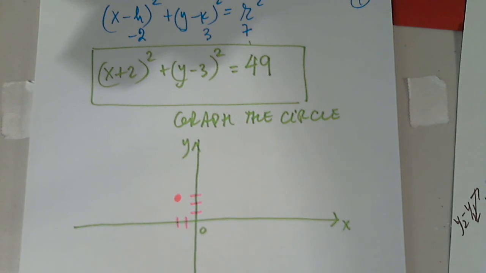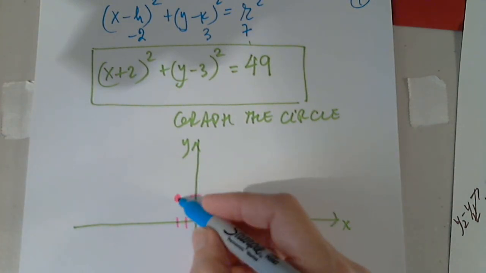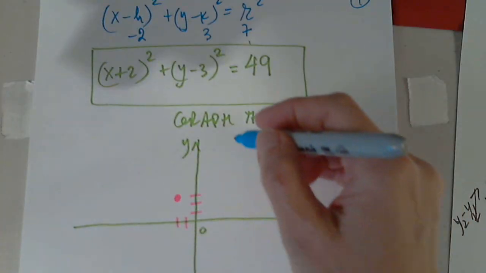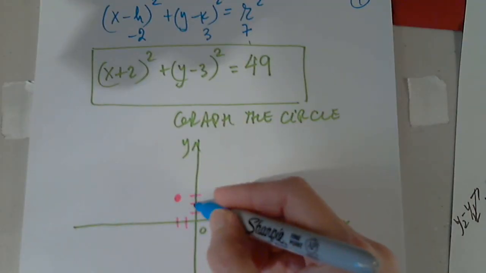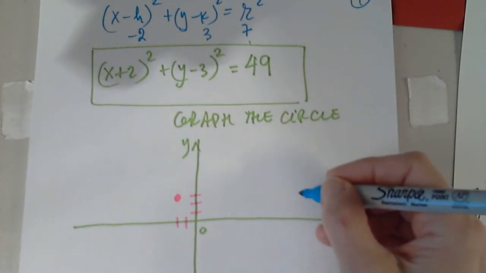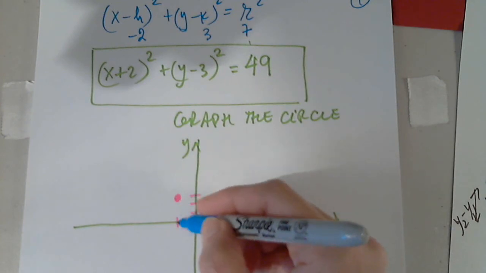At this point, I have to create 4 points. I can create 10 points, but I only need 4. 4 points that are exactly 7 units away from the center. South, west, north, east.